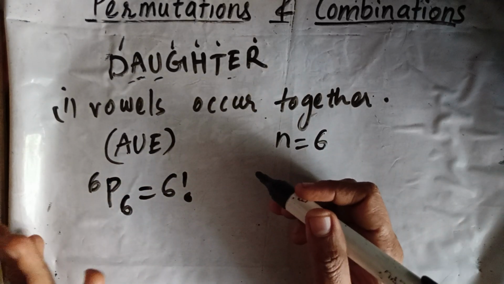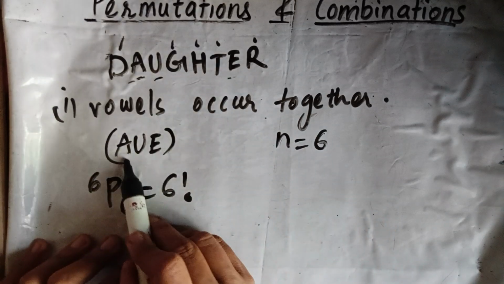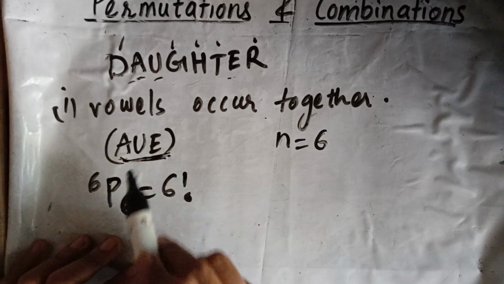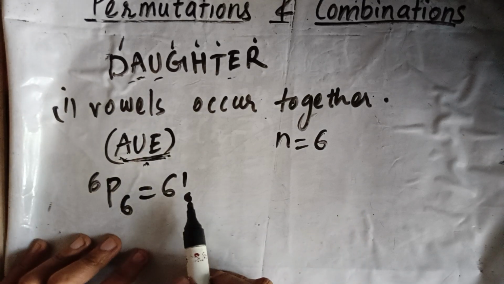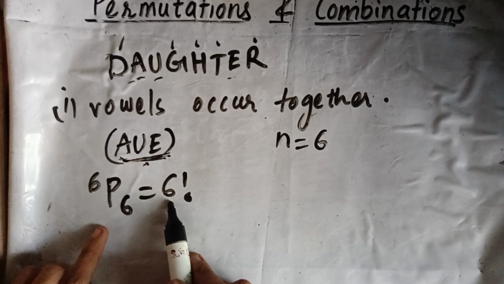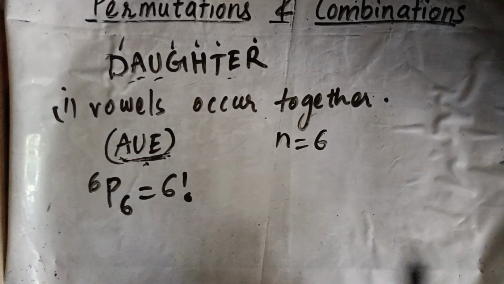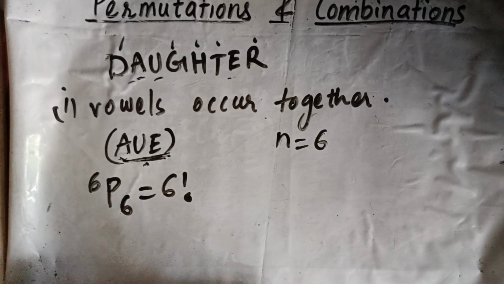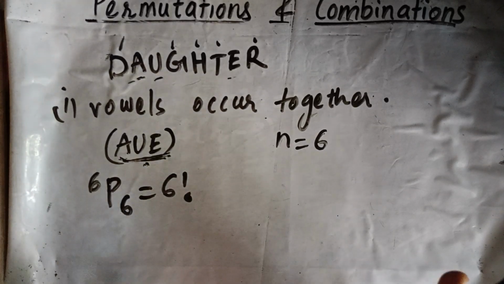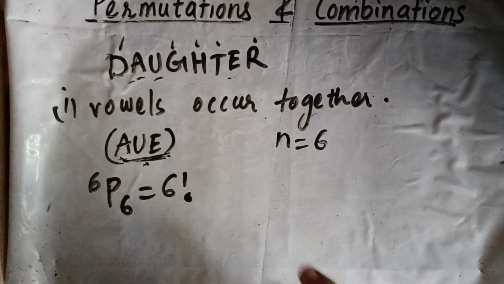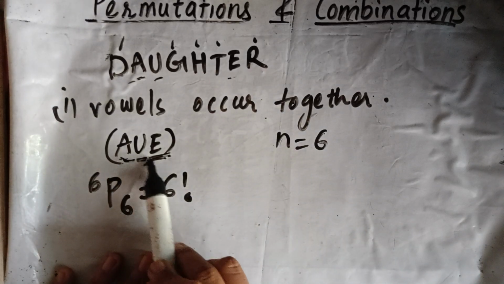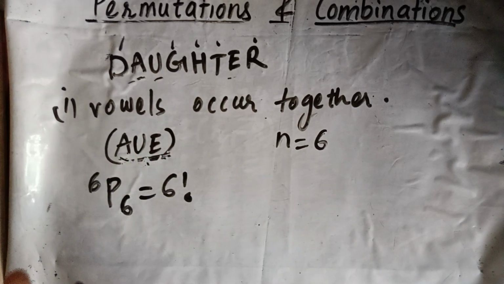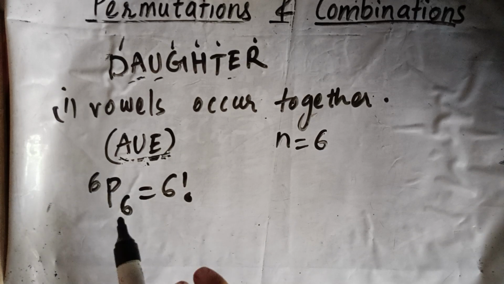Now we have to count for this also. These are 3 letters, right? So the permutation of these letters will be what? First you are arranging these 6 letters, and then you are arranging the vowels inside, A U E or A E U, like that.